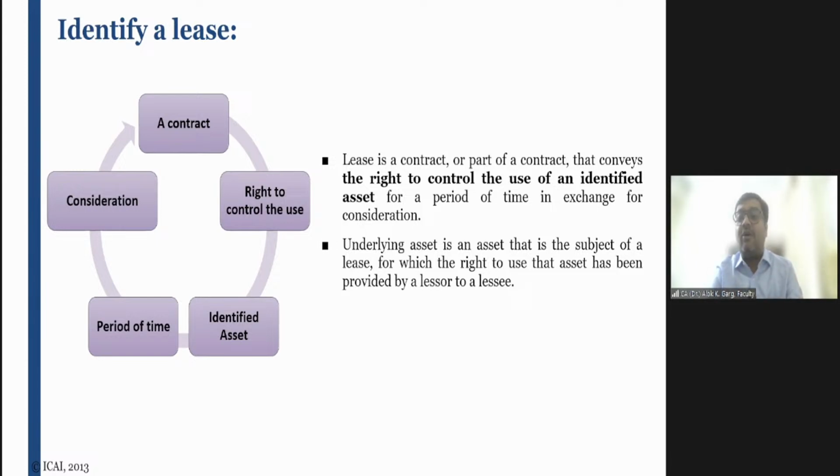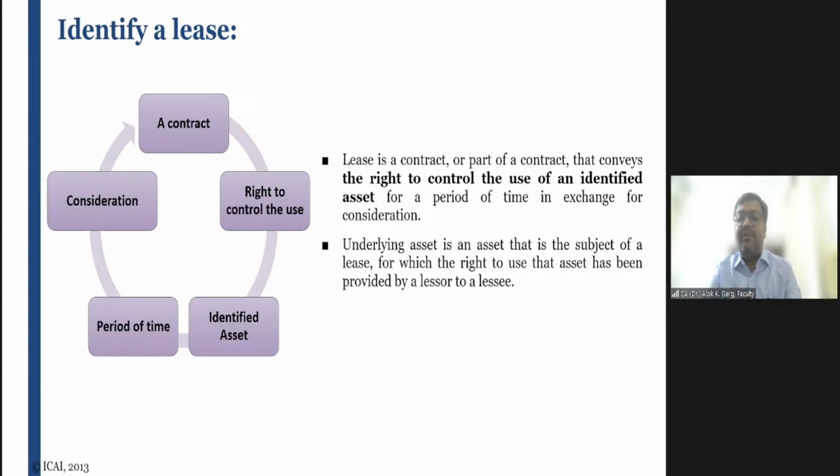Lessors are generally the owners of the property who are providing the asset on a lease basis. Lessee is generally the tenant who is acquiring the asset on a lease basis, right? There must be 2 parties. We discussed this aspect in the last class.